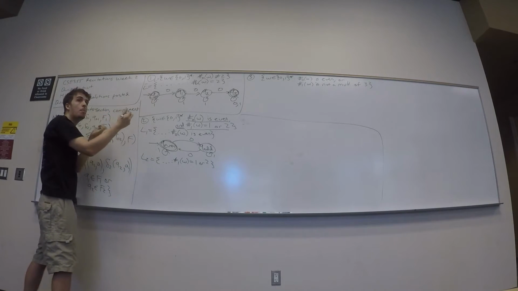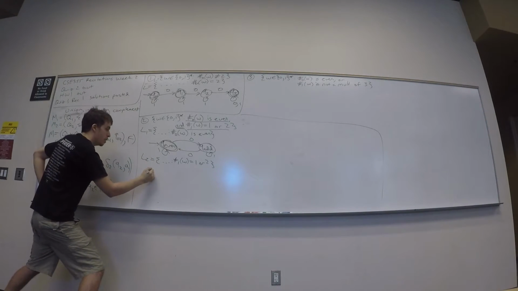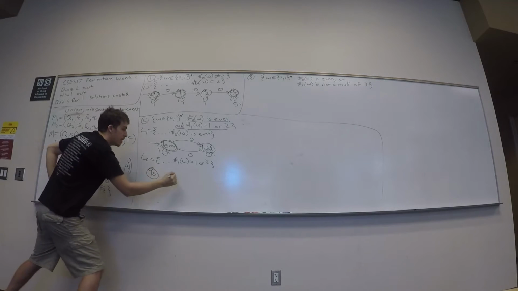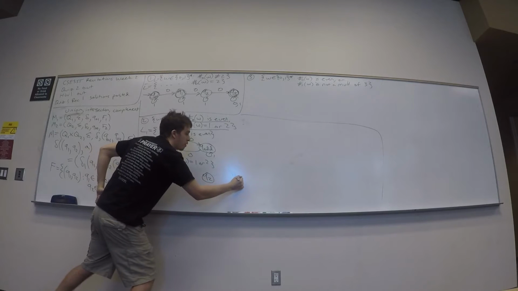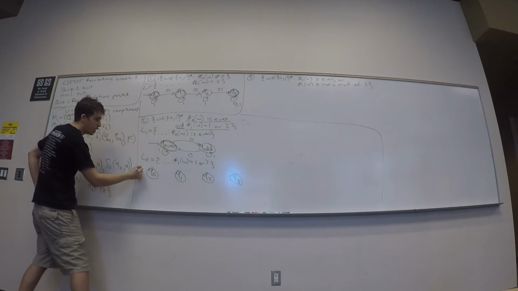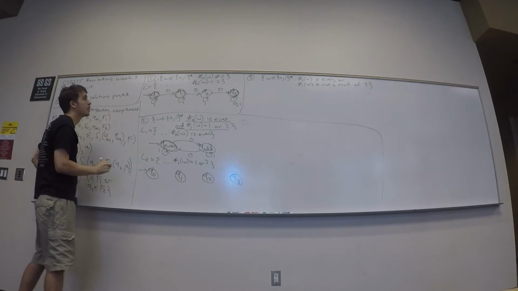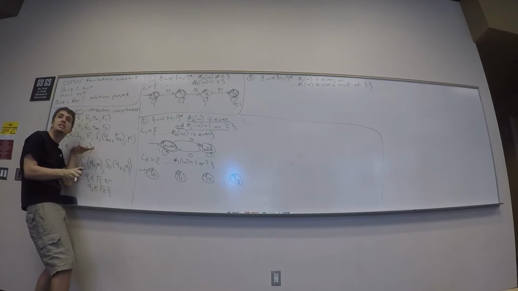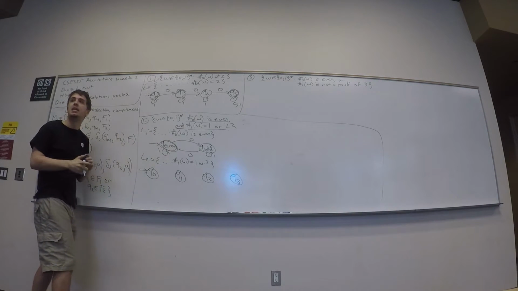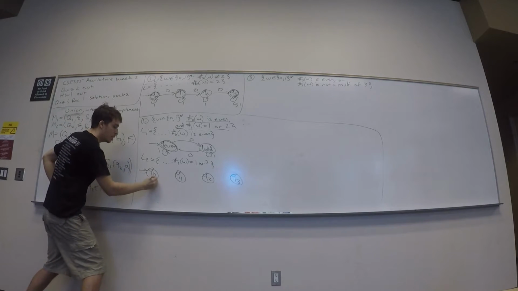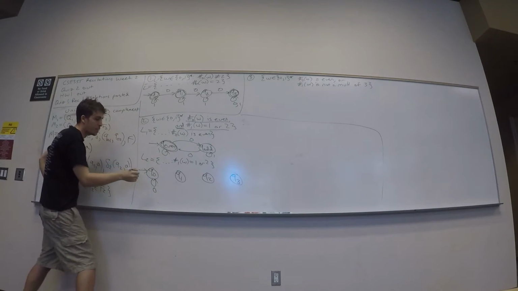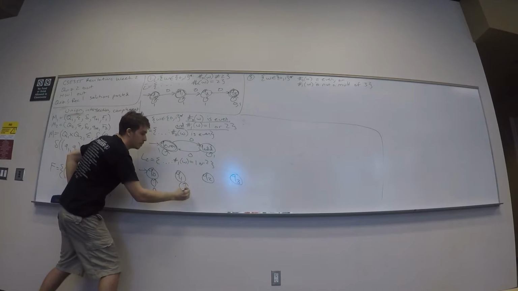So let's do almost the exact same thing we did before. Let's make Q0, Q1, Q2, Q3 again. Q0 is again the start state. But now the 1 transitions are going to go across the states, and the 0 transitions are going to be self loops, because I want to count the number of ones in this case.